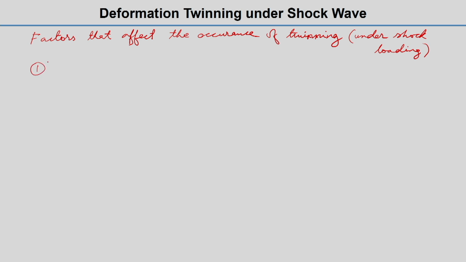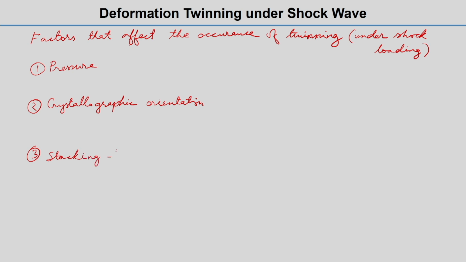The factors are: number 1, pressure; number 2, crystallographic orientation; number 3, stacking fault energy, which we have already discussed earlier; and number 4, pulse duration. We have some more factors that we will discuss in the next slide.